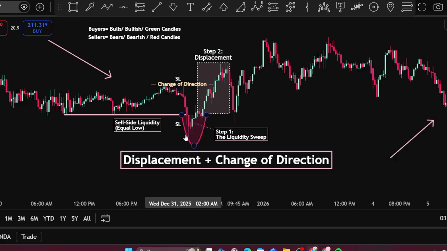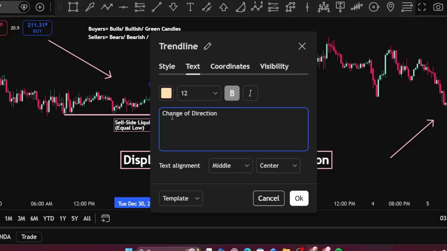They took off the stop losses here, and now they're going to the bullish side. So now we're officially in the change of direction, because it's no longer making lower lows. It just created a higher position. That's for extra confirmation. So this is considered step 3.